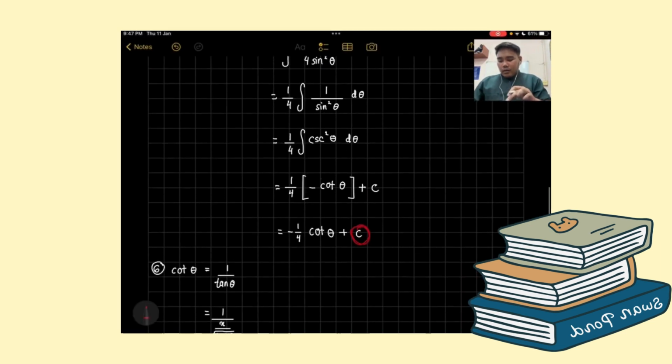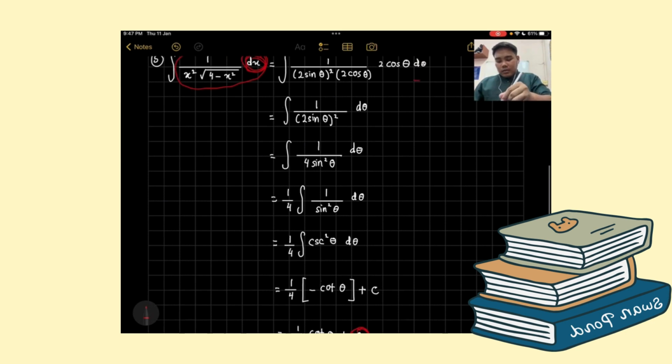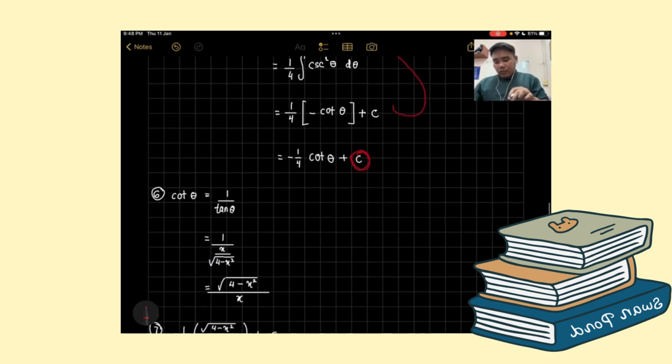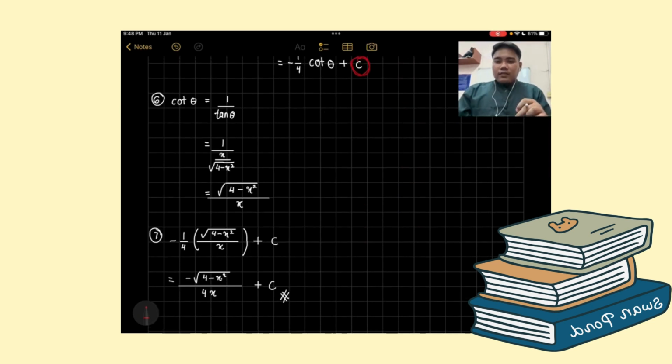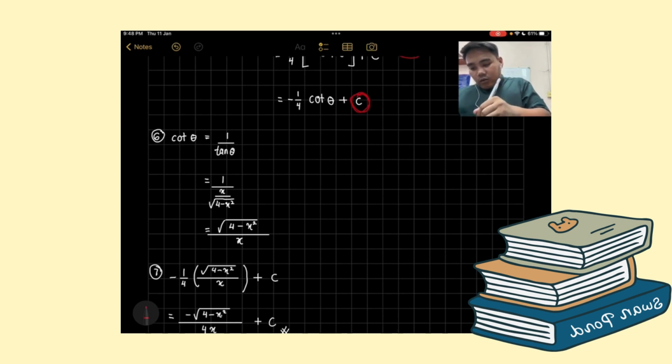At this step, overall we must substitute x to theta. Next step is we need to solve the integration d theta.